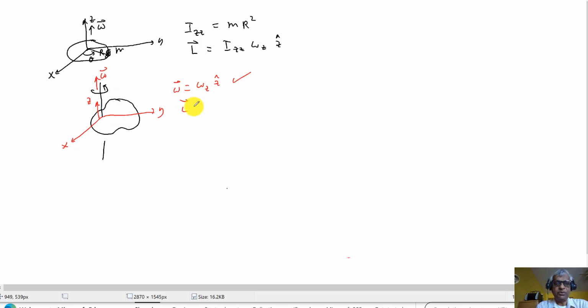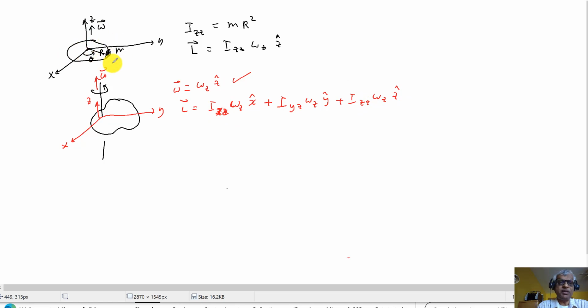But L will be Izx omega z in the x hat direction plus Iyz omega z in the y hat direction plus Izz omega z in the z hat direction.